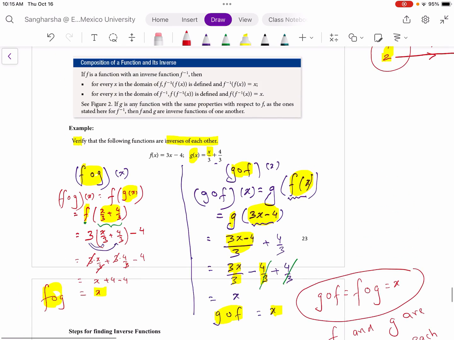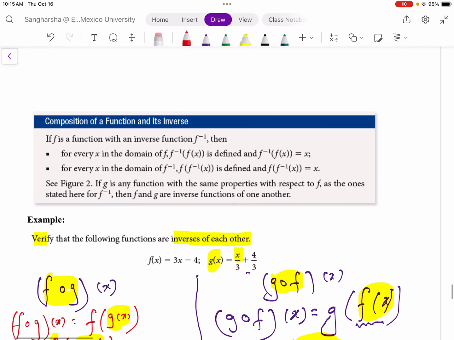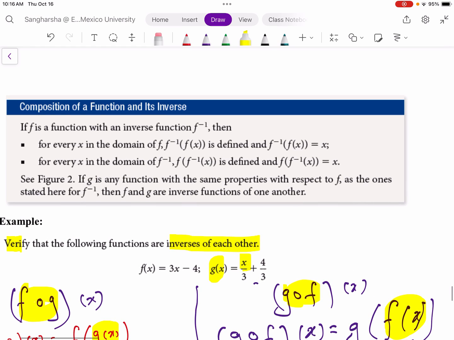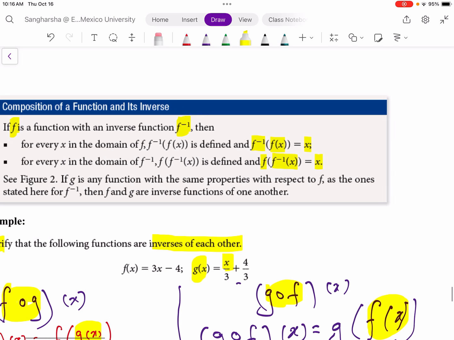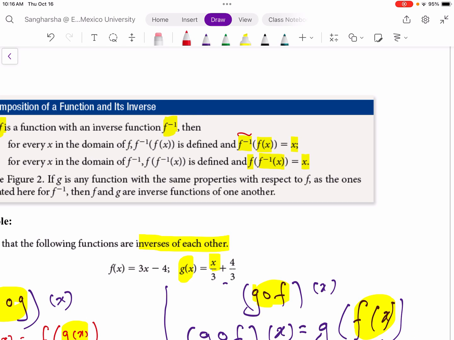Now we have a definition here. We have a function f, and the inverse of this function f is f inverse. So we have f inverse of f of x equals x, and f of f inverse of x is x.